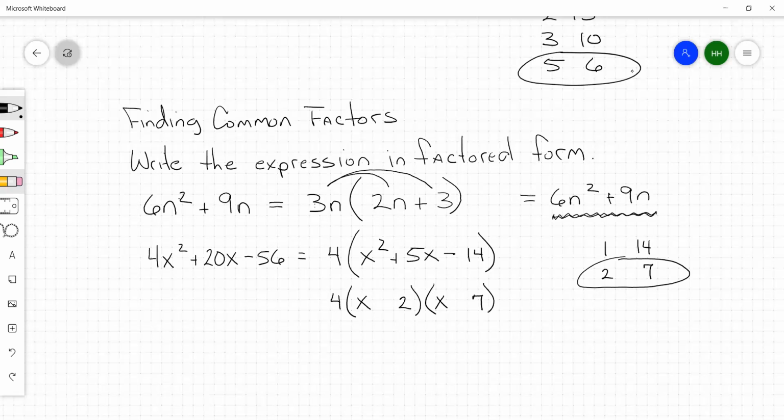Now, since this 5 has to be positive, this 7 has to be positive. The 2 is what needs to be negative, because negative 2 times positive 7 is negative 14, and negative 2 plus positive 7 is positive 5. So there's your factored form.